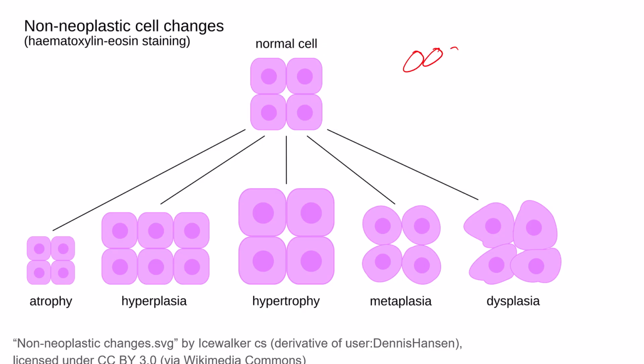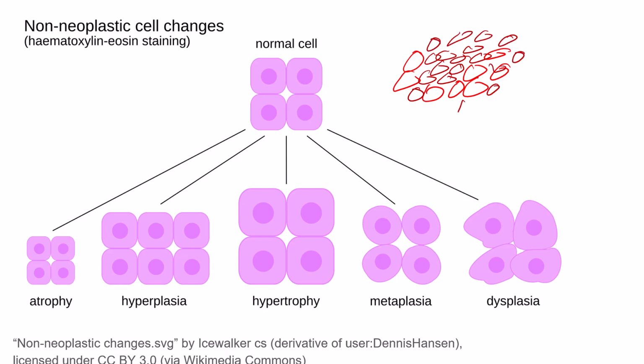Remember when I talked about getting a cut in your skin? So if these are all cells in your skin, and then you get a cut in your skin, and some of the cells die, then for the cut to heal, your body will grow more cells, and they will grow back.